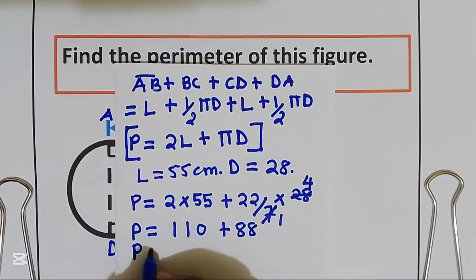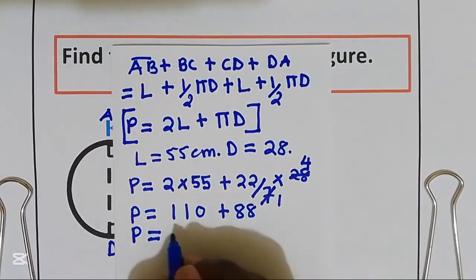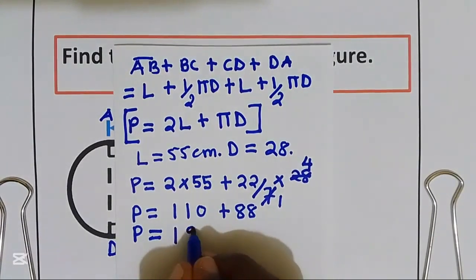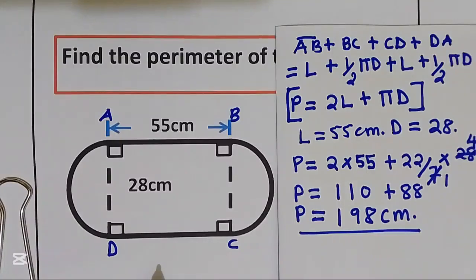Our perimeter will be equal to 110 plus 88, which is going to give us 198. This is centimeter. I hope you understand how to find the perimeter of this figure.